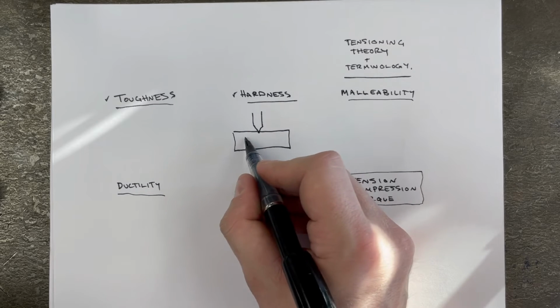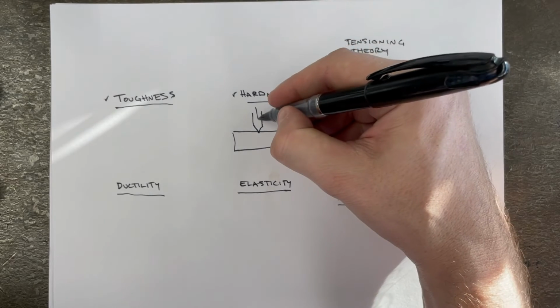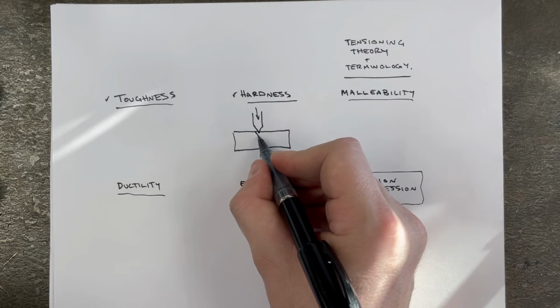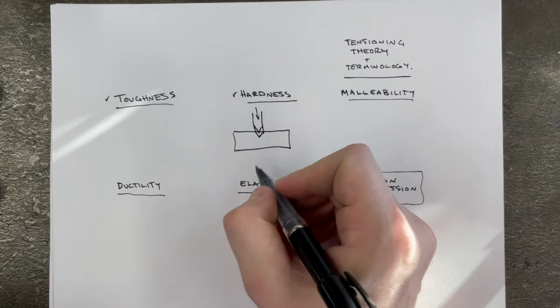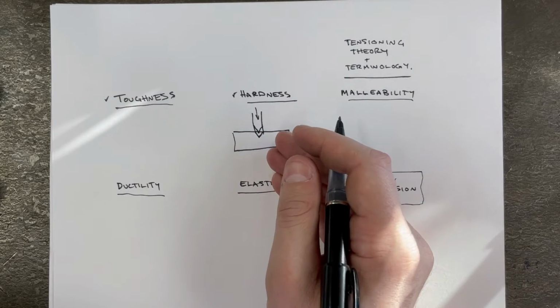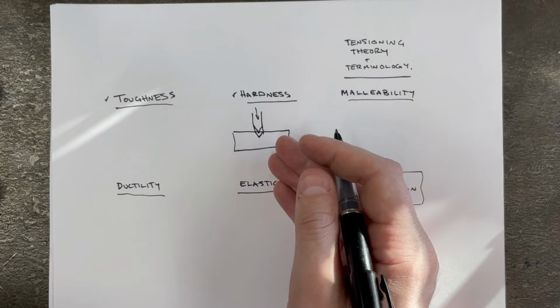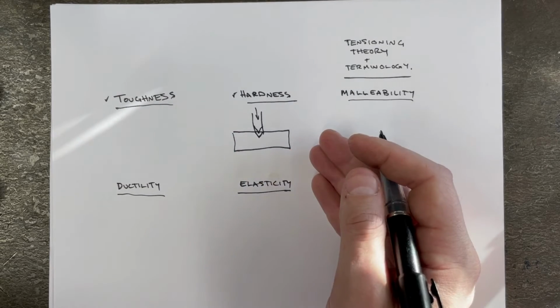But if this was aluminum and we drove a hammer into our prick punch, it dives down and gets pushed down further, so it's not as hard. Different materials have different hardnesses. So hardness is the resistance to penetration.